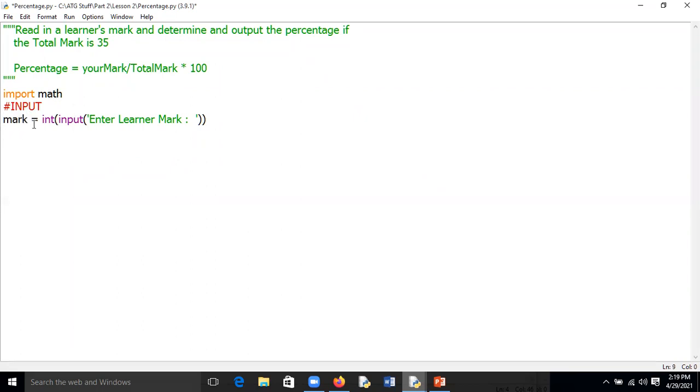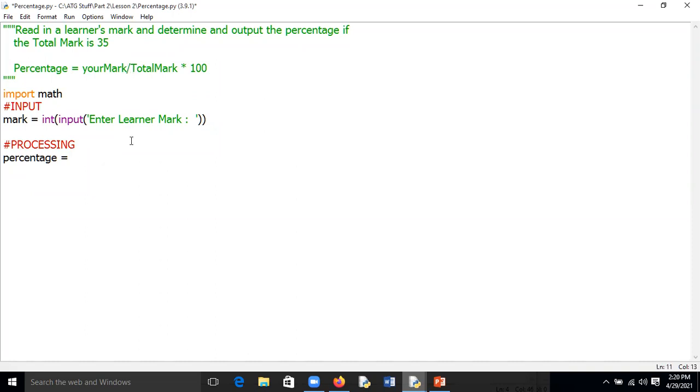All right, now we need to calculate the percentage, and that is our processing. I'm going to go with percentage. That's my variable that is assigned. Now remember, I've got a single slash.